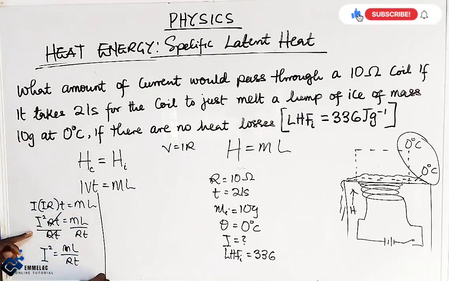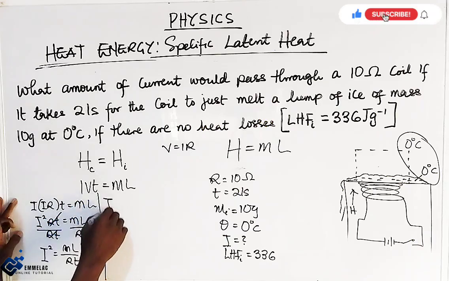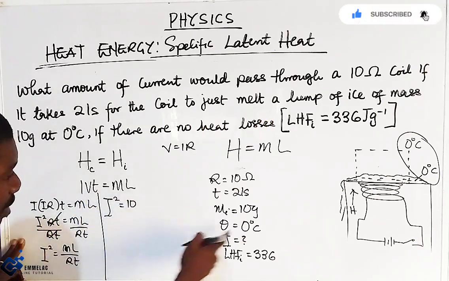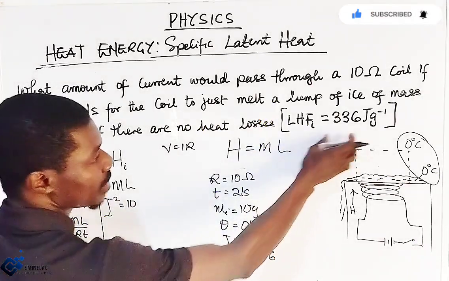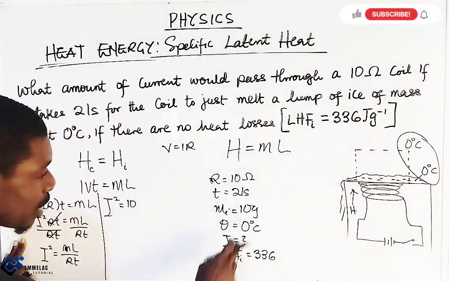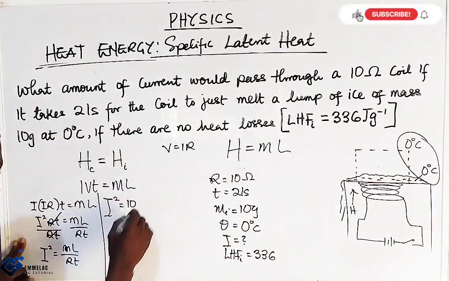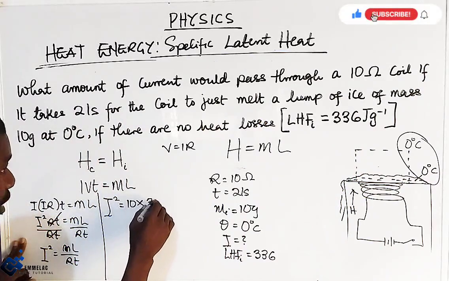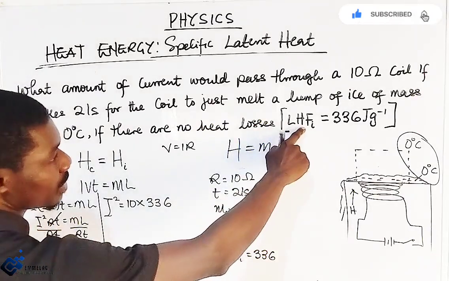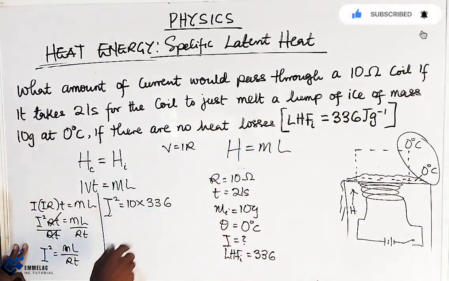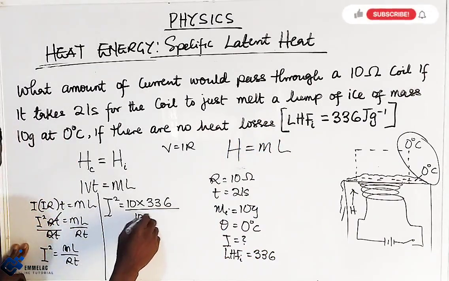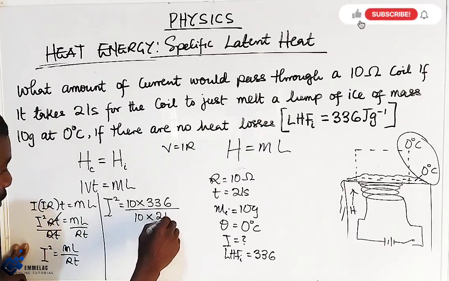Let us solve this. The mass of the ice is 10 gram. Since the latent heat is given in joules per gram, we can just leave the mass as gram. Then times 336, which is the latent heat of fusion of ice, all over the resistance, which is 10, times the time, 21 seconds.